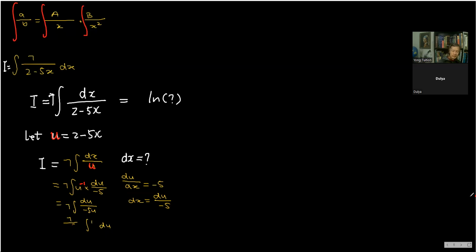Not equal, sorry. Can you find the result now? Yes, plus a constant, right? Yeah. Simple. This is a very simple method.